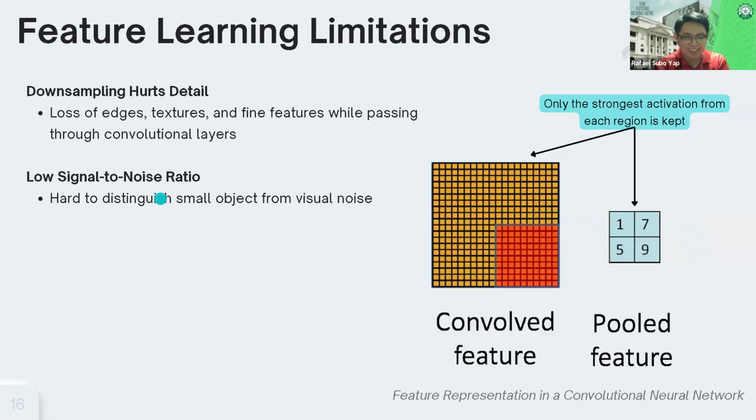So on top of that, the signal to noise ratio becomes very low. A small object can easily blend into a noisy or cluttered background, leading to missed detections or false positives. So here, we see that only the strongest activation from each region is kept. So imagine if one of these small boxes had details for small objects, it just gets lost.